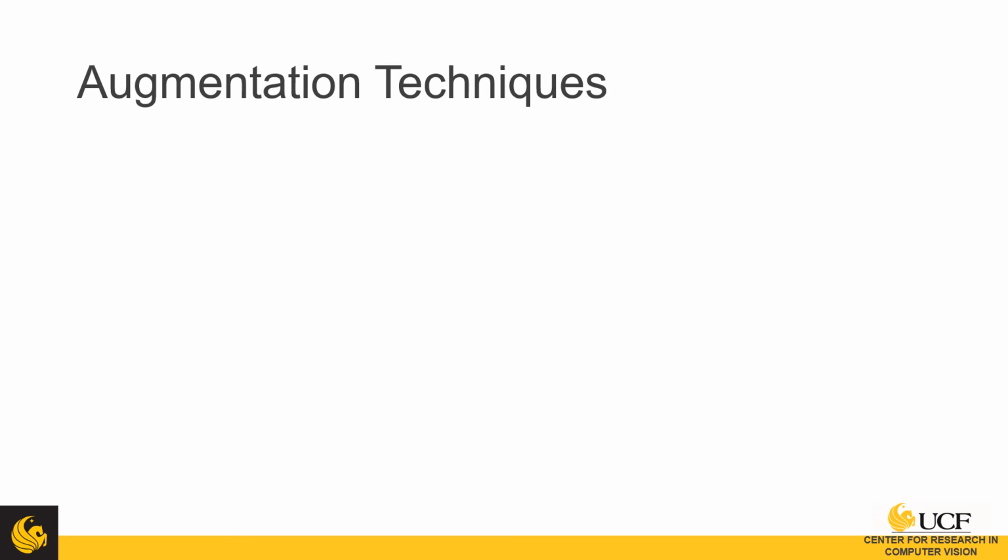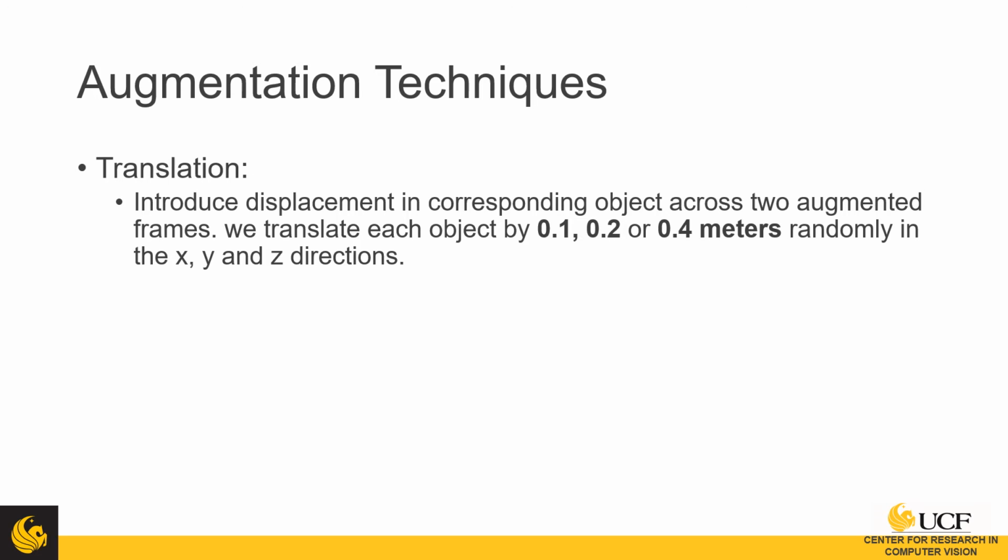We apply the following augmentation techniques to train our model. Number one is translation. Through translation, we introduce displacement in corresponding objects across the two augmented frames. We translate each object by 0.1, 0.2 or 0.4 meters randomly in either x, y or z direction. And then we apply rotation.